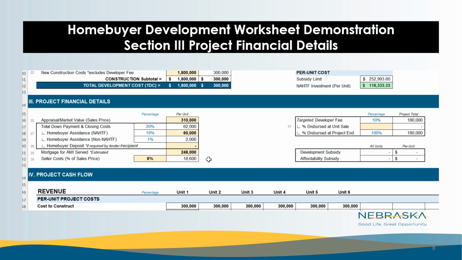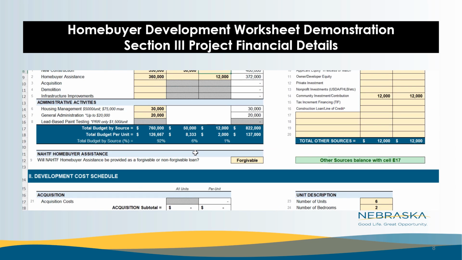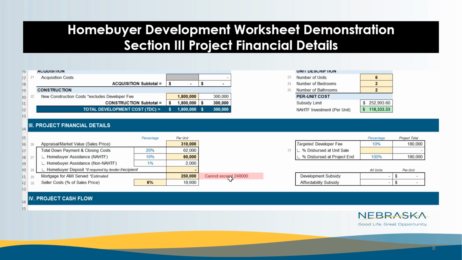Next, we had already decided $248,000 was the targeted mortgage, so you input that. If you input something more than that in this situation, you will see that a red flag appears saying you cannot exceed $248,000. The reason is 310 minus 62,000 is 248,000. So it's going to right size your mortgage.